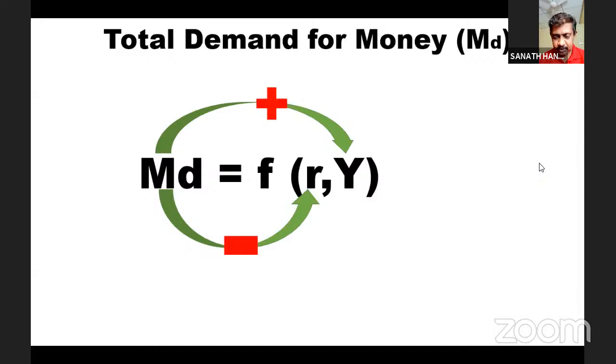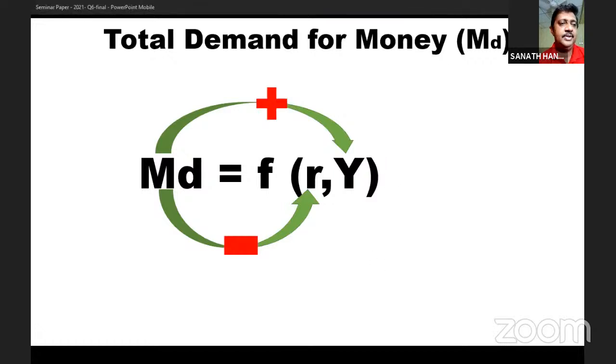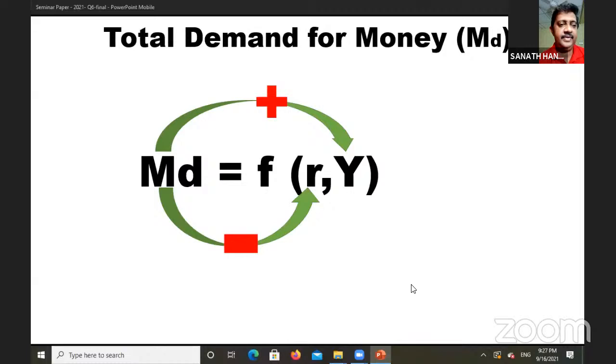Speculators do not purchase bonds when interest rate is low. Now a good example, think about you. Do you like to invest your money when the interest rate is high or low? When the interest rate is low, you don't invest your money. You keep your money in your hand.